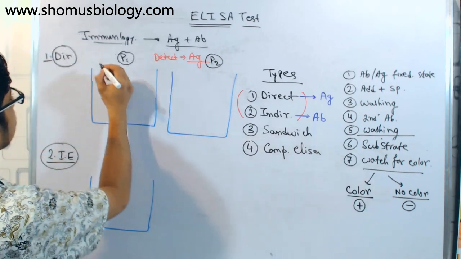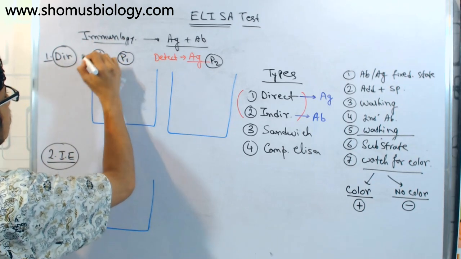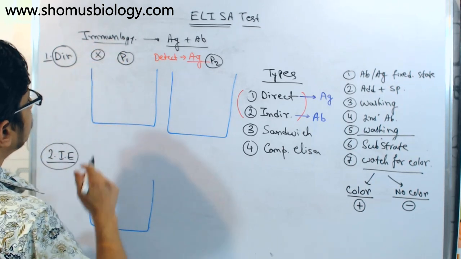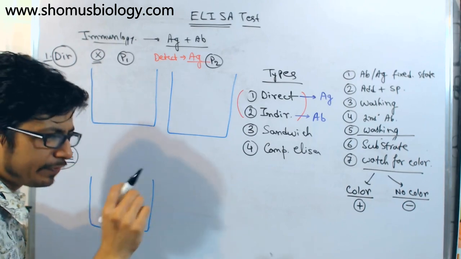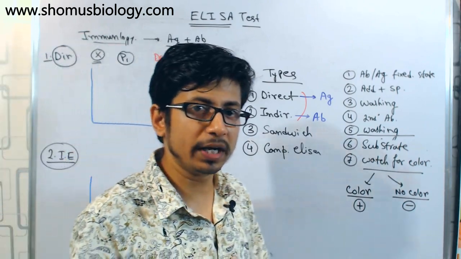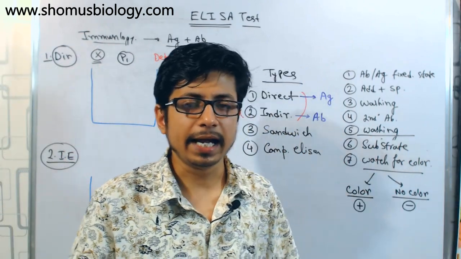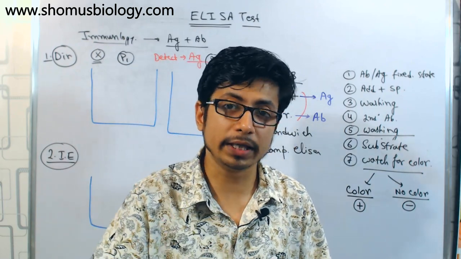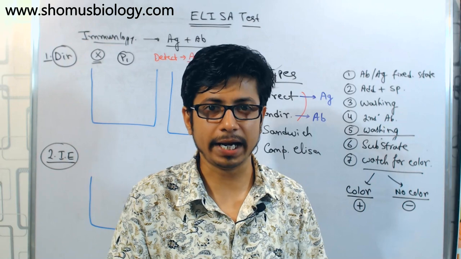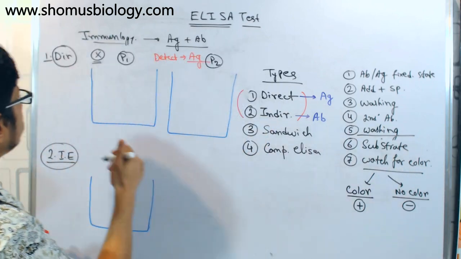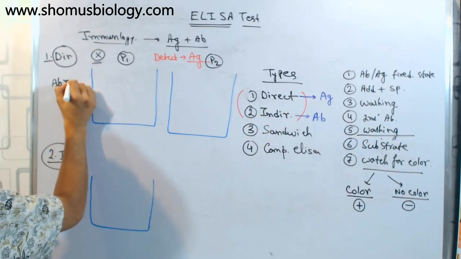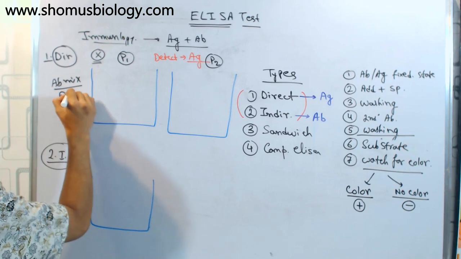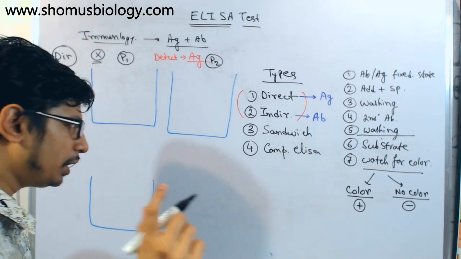Let's say there is a disease called X disease, and we know in X disease a specific antigen is found in the body, and we are trying to find that antigen. To find that antigen, we need the specific antibody that binds with that antigen, right? So we use that antibody mixture as our reagent. We only need that reagent.